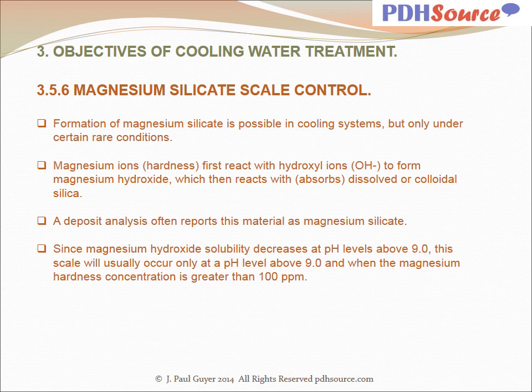A deposit analysis often reports this material as magnesium silicate. Since magnesium hydroxide solubility decreases at pH levels above 9.0, this scale will usually occur only at a pH level above 9.0 and when the magnesium hardness concentration is greater than 100 parts per million.